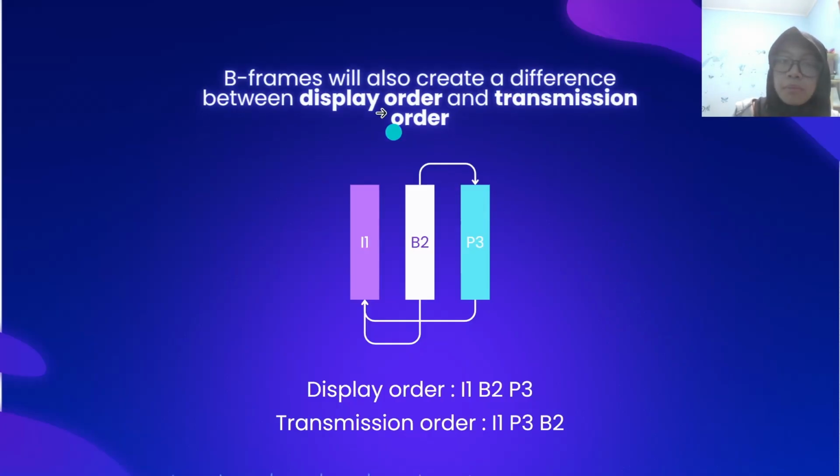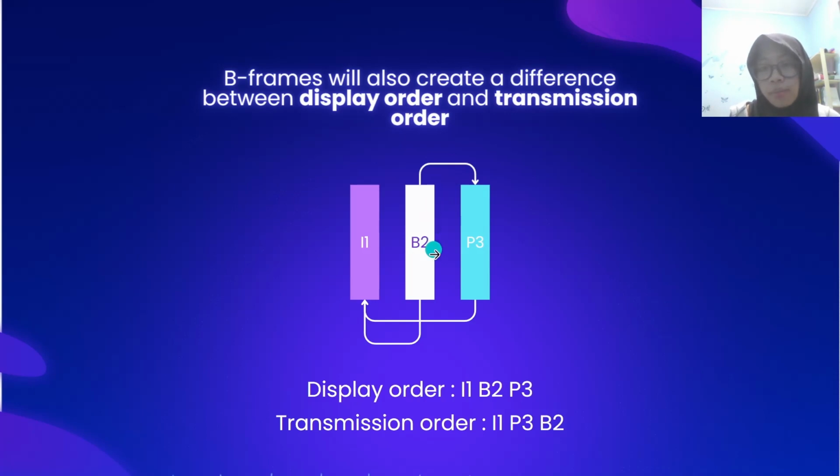Now, we have to remember that B-frames also create a difference between display order and transmission order. For this example, we can see that there are three frames here. The first is the intra-frame, the second is the bidirectional frame, and the third is the predictive frame. The first one gets transmitted first, and then for the next one, instead of the B-frame, we actually need to transmit the P-frame first. Why?